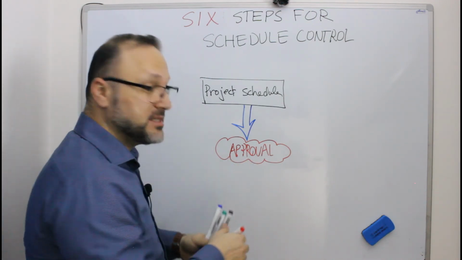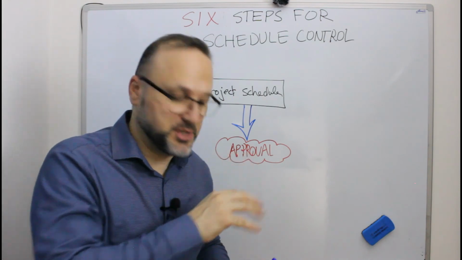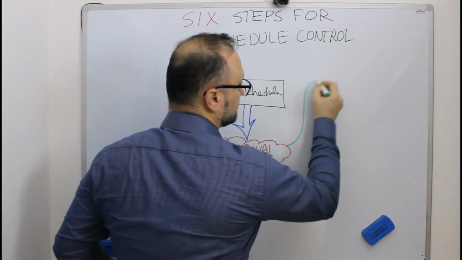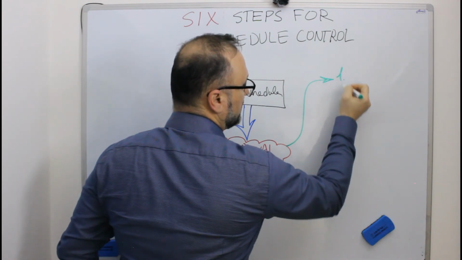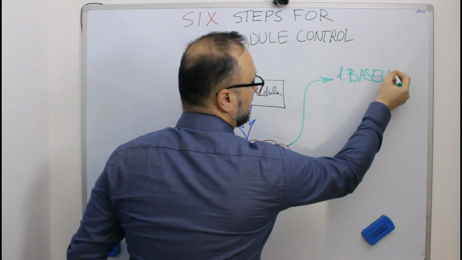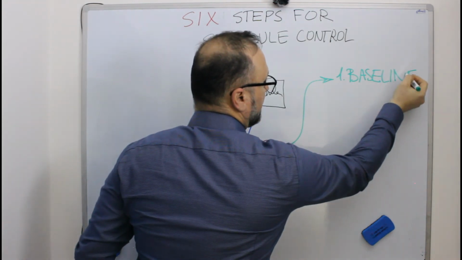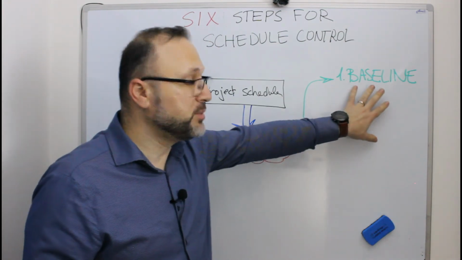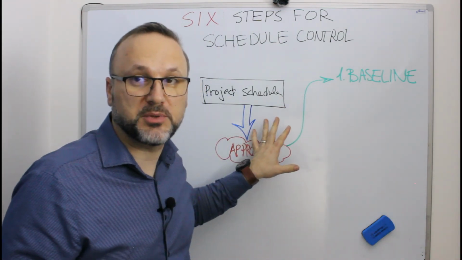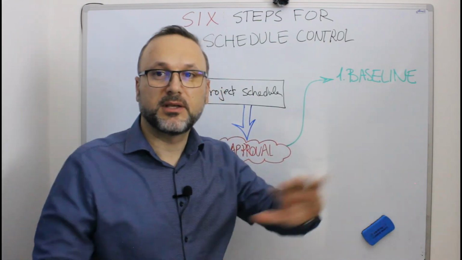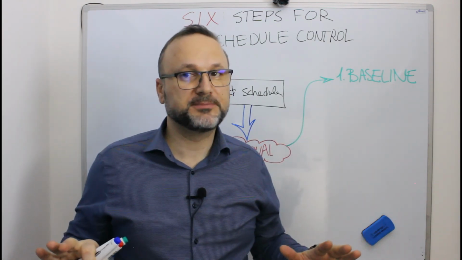The baseline is the approved version of the project. So we make here one, it's a baseline. So what is a baseline? The baseline is the approved version of the project schedule. Means when I have a baseline, there are no changes anymore.